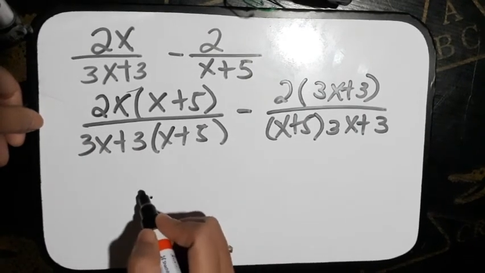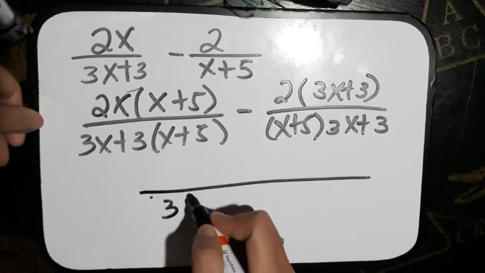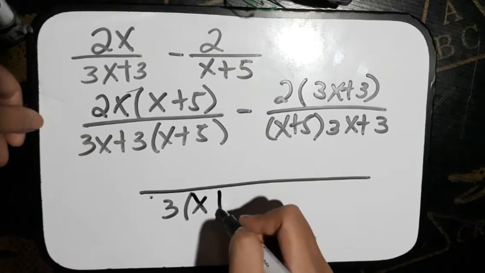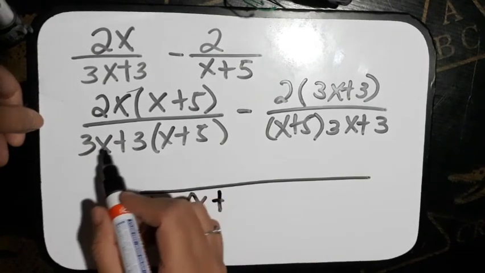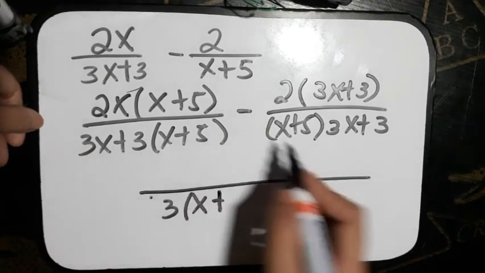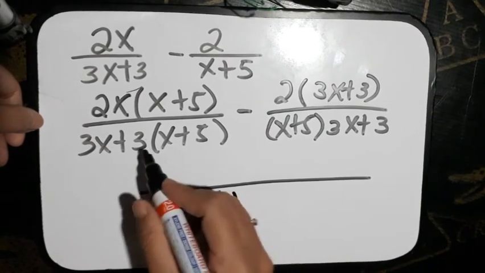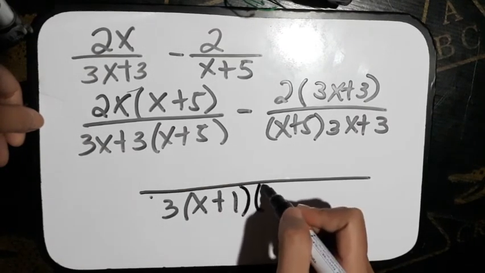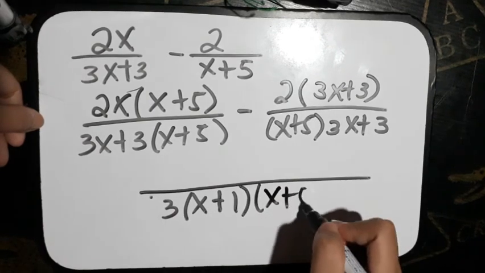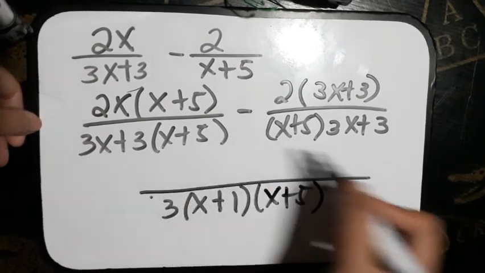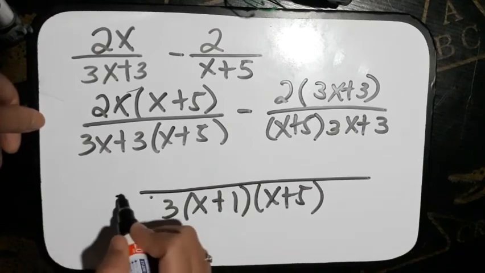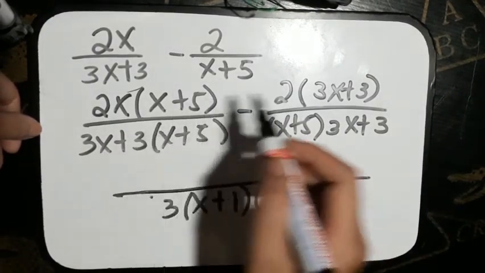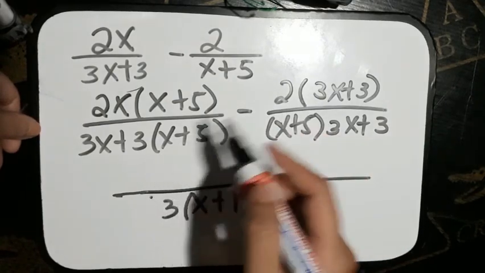So this will become 3 times x, so 3 times x is 3x, plus we need to find a value wherein if we multiply it, we will get 3. So 1, 3 times 1 is equal to 3. That's correct. Over x times x plus 5. So we have the same denominators now. So just copy the denominator. Then afterwards, proceed on the addition of our upper part.